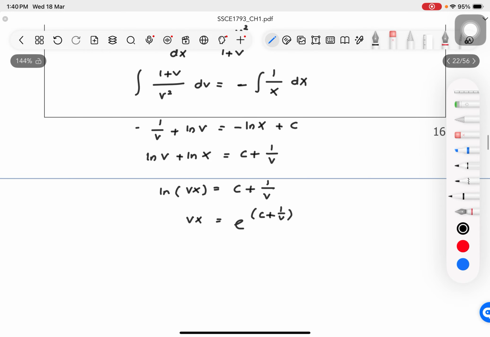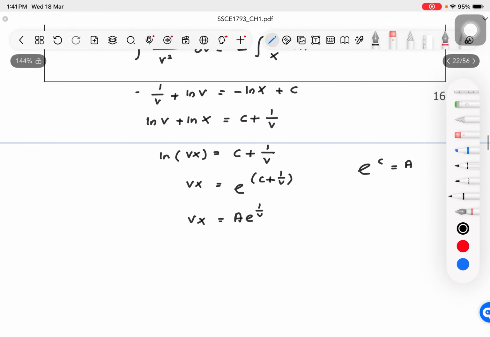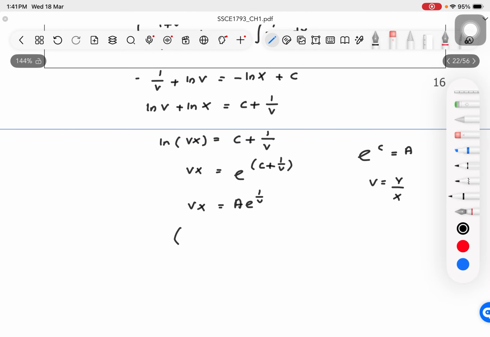So we have this one. e to the power of a constant, we can make it as A only. Next, don't leave your answer like this. You need to substitute back your v. v is equal to Y over X, so substitute back.